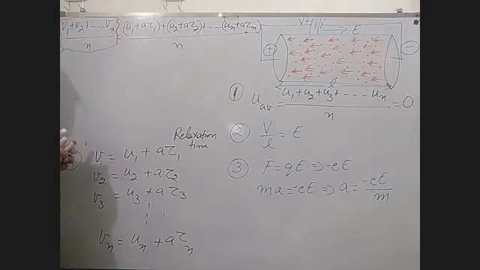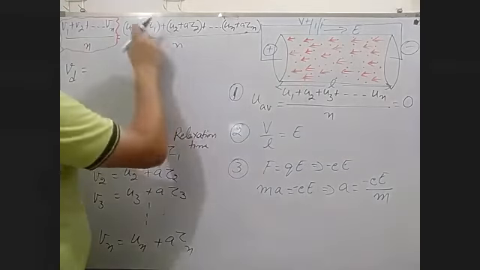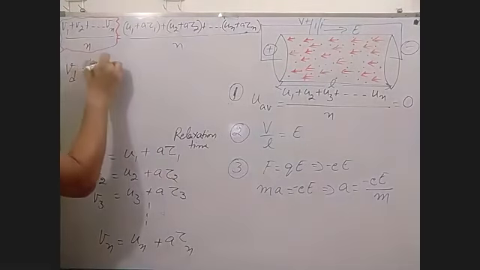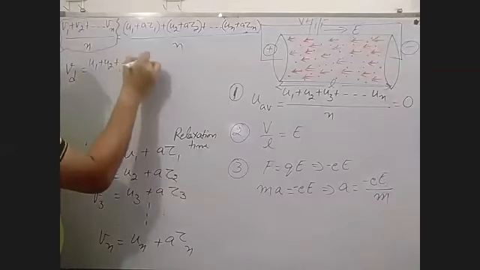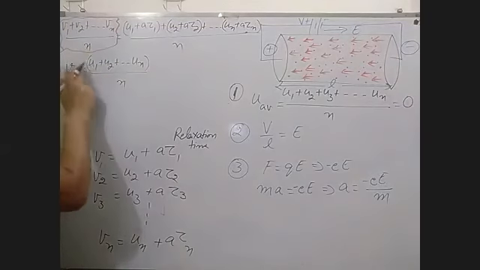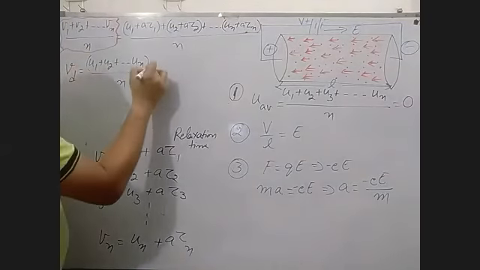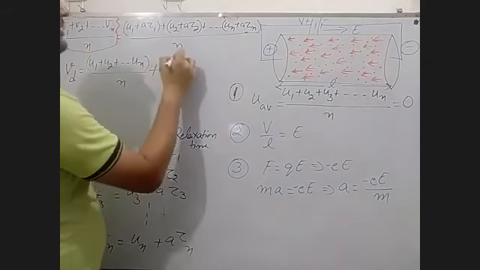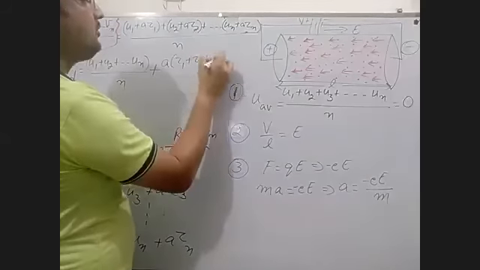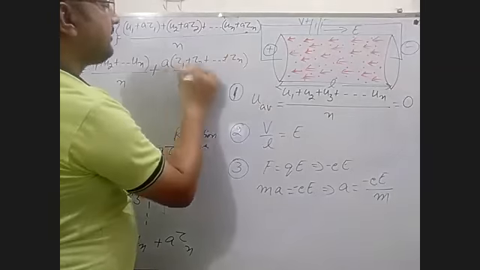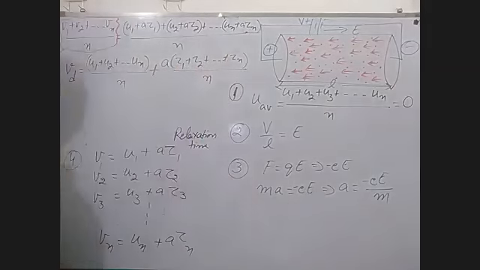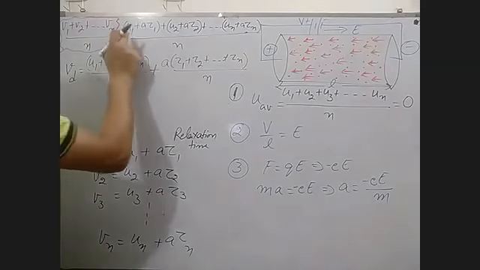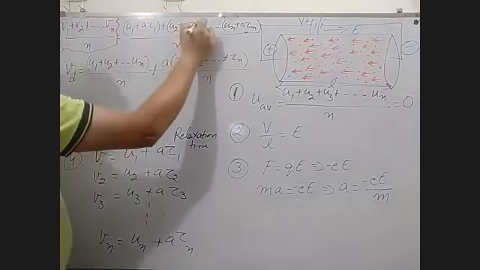Now by this, we can write this as vd, drift velocity of electron, in this way. And now solve it: u1 plus u2 plus un upon n separately I can write in this way. Now plus a, tau1 plus tau2 plus tau n upon n. Okay. Now by simplifying you can get a similar equation as given above.